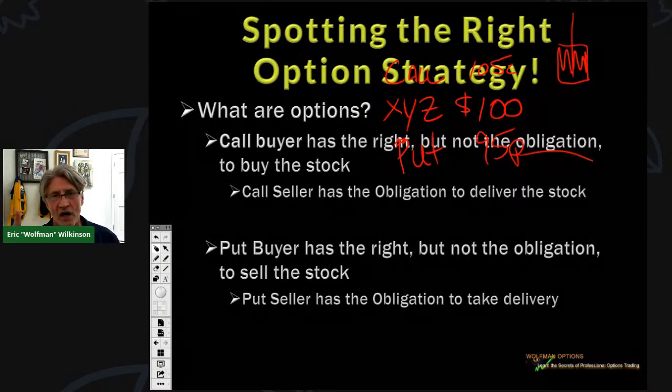Now, when you are a seller, though, you get paid for that risk, right? The buyer is paying you for that risk, right? So you can think of it like you and I as insurance buyers, right? You're buying insurance on your house, right? Well, they're selling you insurance on your house, right? Your premium that you're paying out is the same thing as your premium you're paying out in your call.